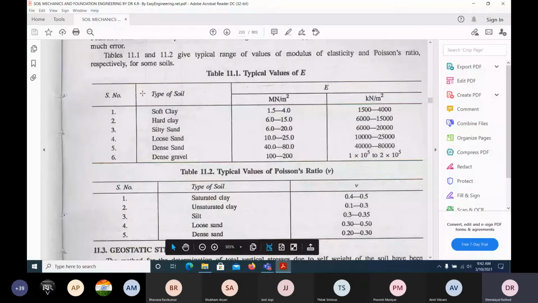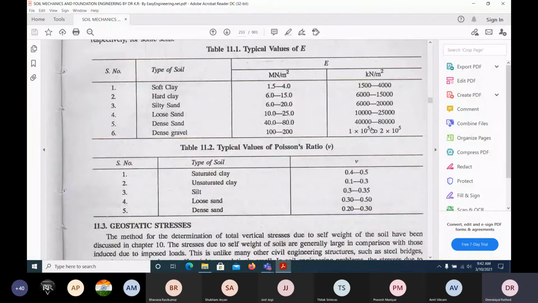What is the definition of Poisson's ratio? Lateral strain to the longitudinal strain, the ratio, and it can be 0.4 to 0.5. What is the maximum value of Poisson's ratio? Can anyone answer?